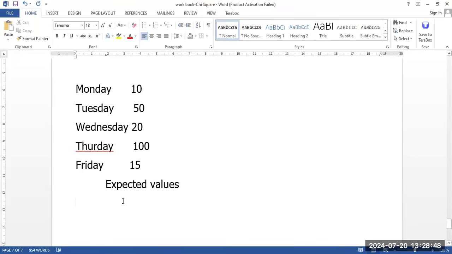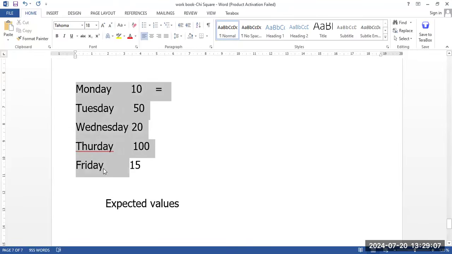To get the expected value, you will just say, here you expected what? If it is Monday, you observed 10. But how many days are in your sample? These are 5 days.